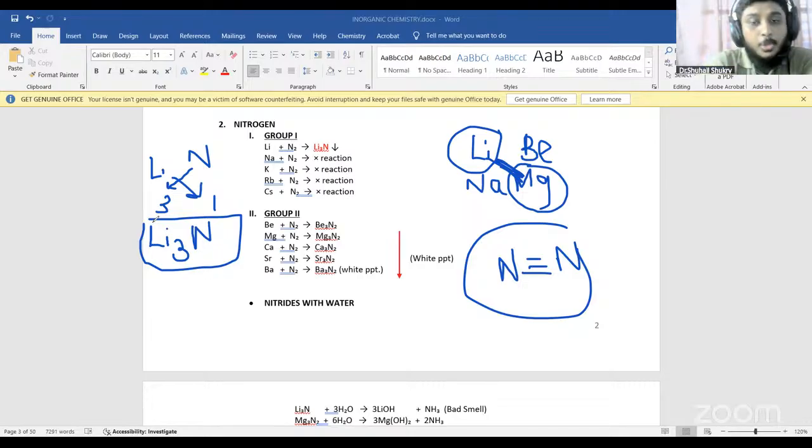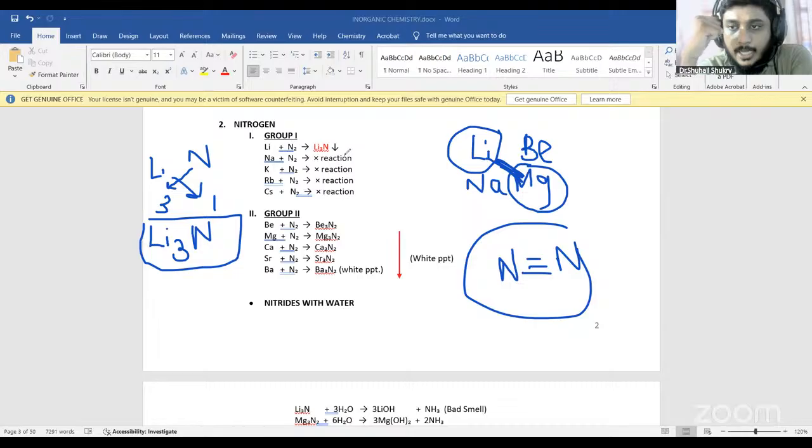Group 2 elements normally react with nitrogen and form nitrides. All the nitrides made by group 2 are white in color, making a white precipitate, meaning a white color powder. But lithium did a mistake, because when the entire group 1 is saying can't, lithium reacted with nitrogen.